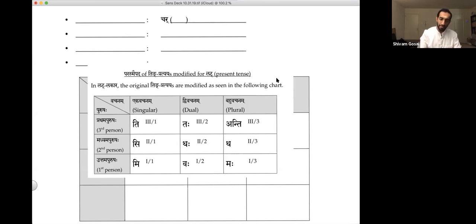Because we have to remember that the anga for char dhatu is chara. And chara means to move, to walk.